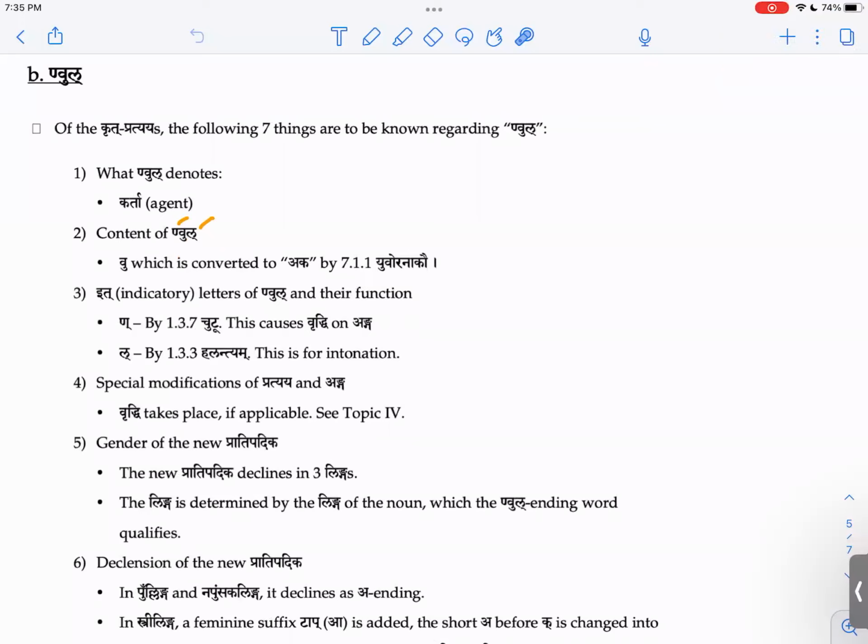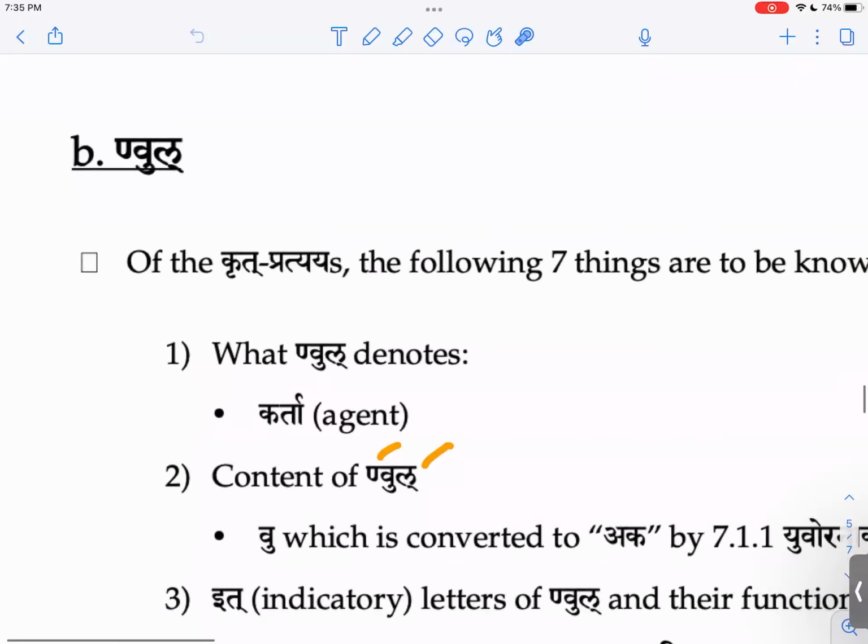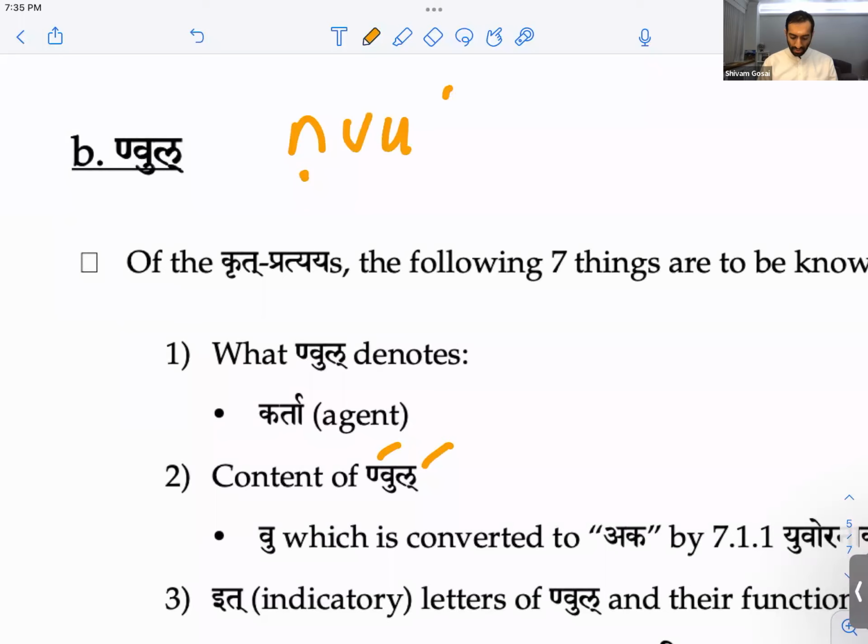Mahodaya, can you give me the English spelling for Nvul? It's Murdanya Nakara, V-U-L, Nvul.